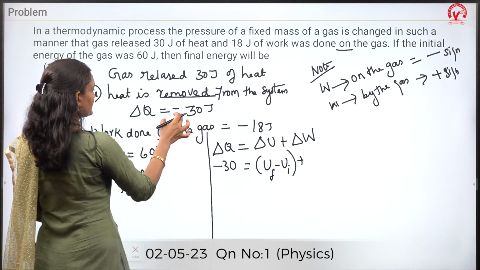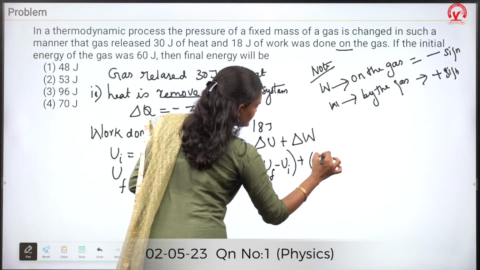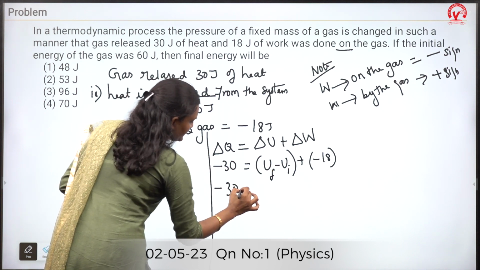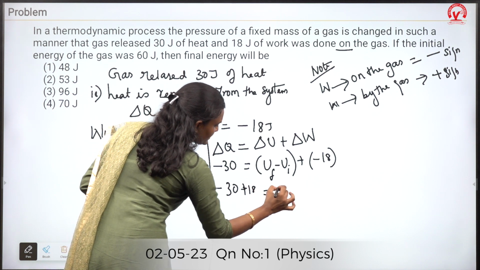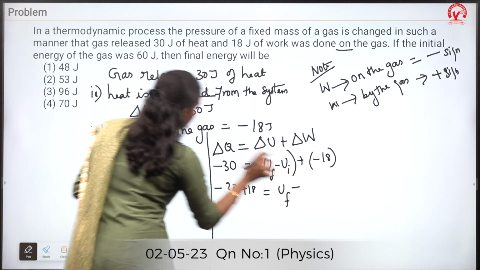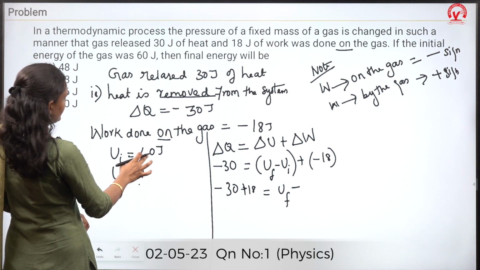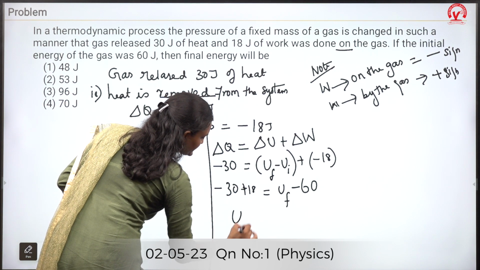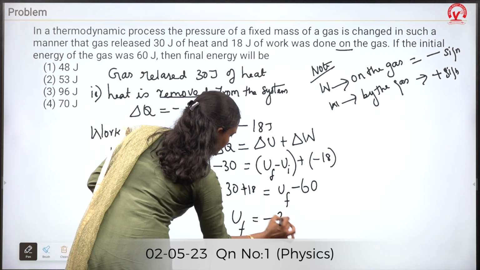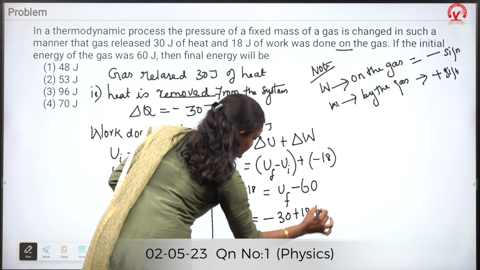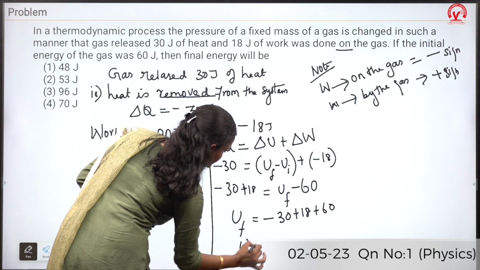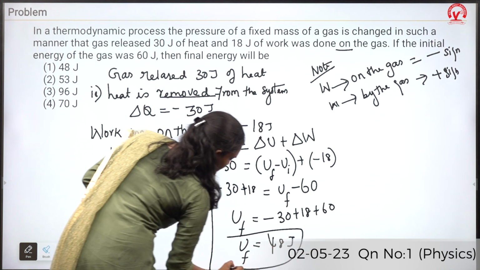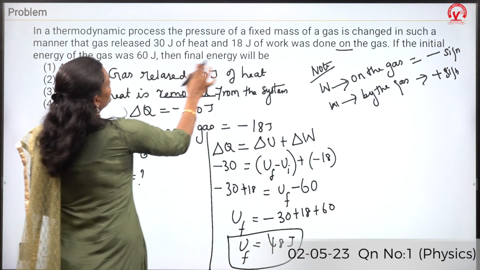Work done is minus 18 joule. Now 30 plus 18 is equal to Uf minus the initial value, 60 joule. Now Uf is equal to minus 30 plus 18 plus 60, so Uf is equal to 48 joule. So the final energy will be 48 joule.